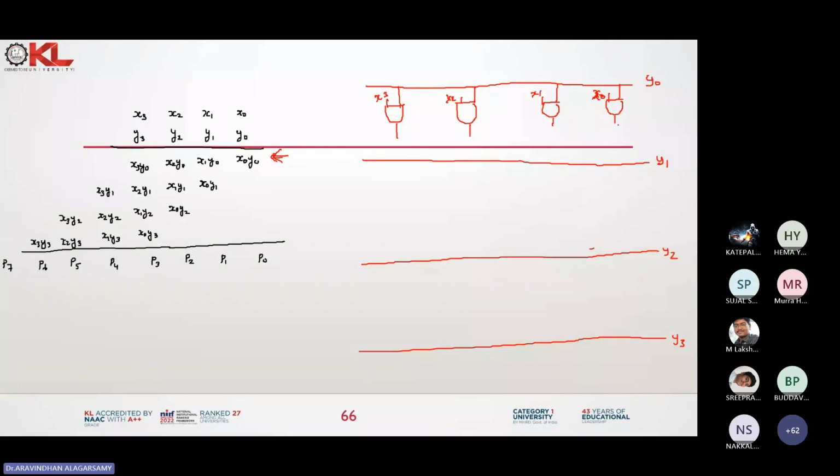If you are getting confused, you should write like this. This is x0, y0. This is x1, y0. This is x2, y0. This is x3, y0. No doubts?